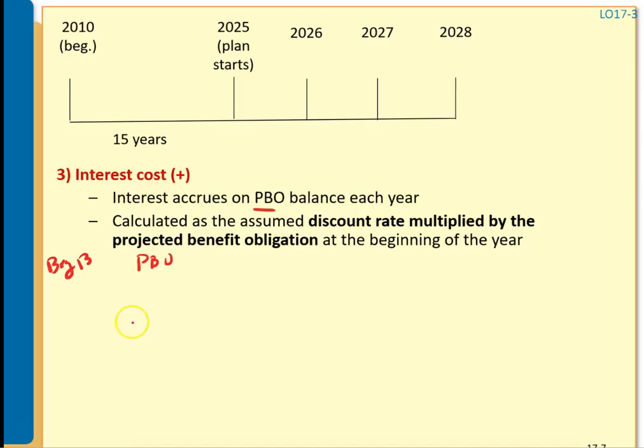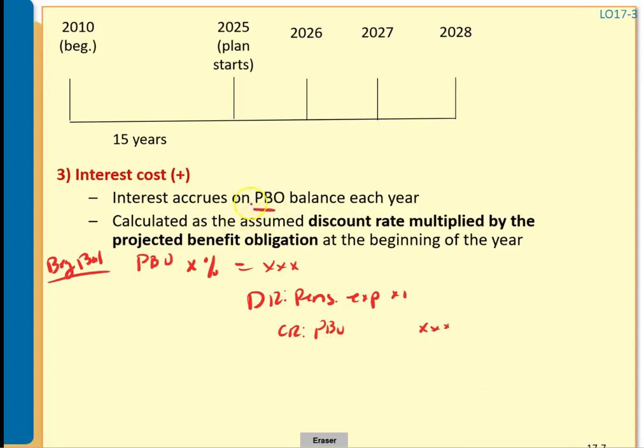Your beginning balance of the projected benefit obligation multiplied by the percentage equals X. And again, you're going to debit your pension expense for that amount, and then credit your projected benefit obligation for that amount as well. And again, you see this plus here on interest cost, and that means we've debited our pension expense.